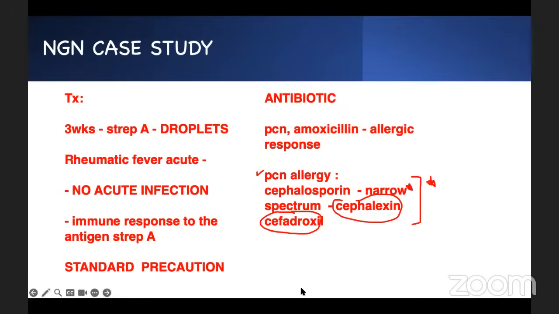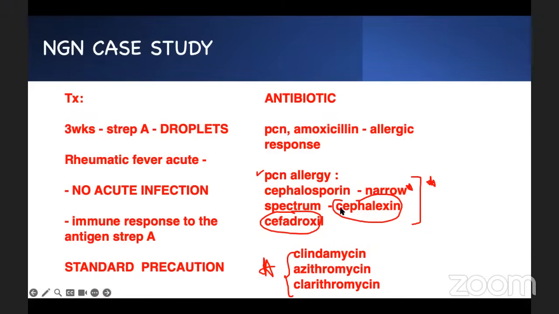You can use clindamycin. Or azithromycin, Z-Pack, that's what you hear about. Or clarithromycin. These three medications can be used when you're allergic to penicillin. So in the answer choices, if I have all of these, I'll pick one of those if the patient is allergic to penicillin, just to clarify that.